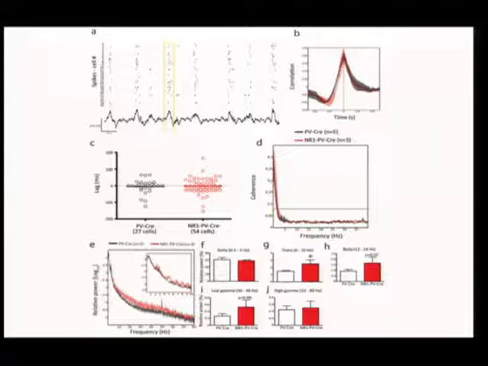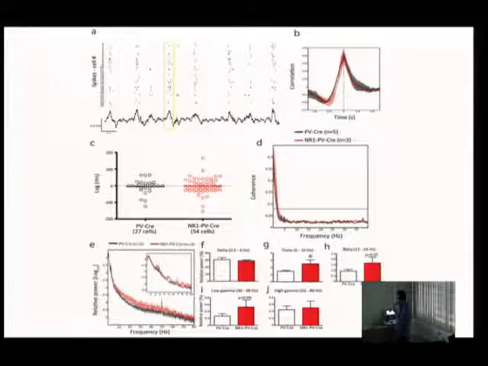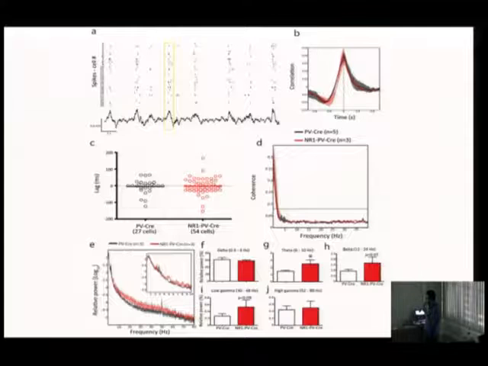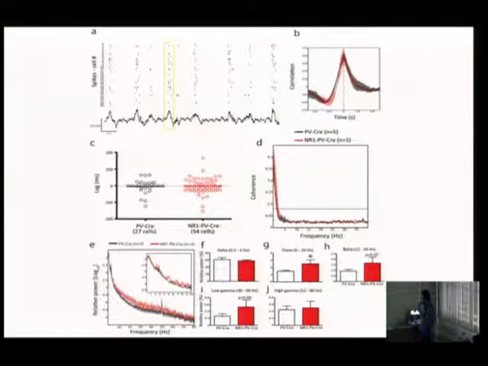So here you can see some traces of the LFP recorded in the prefrontal cortex. Under urethane, the animals display these slow wave patterns. And you can see also the 25 cells I got from one animal.